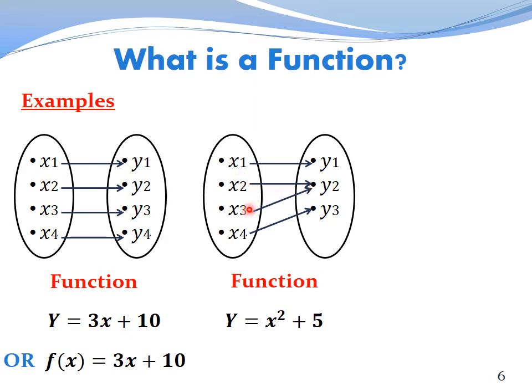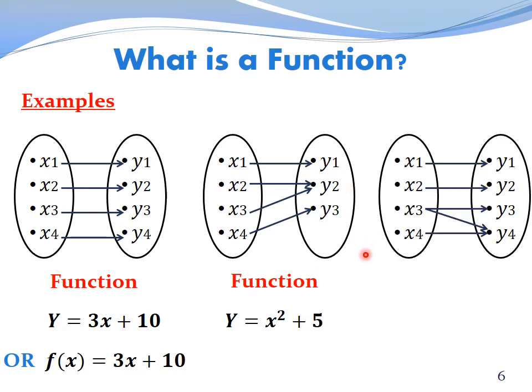Now go to x3. If x3 is equal to -1 and you substitute -1 here, this will be -1 squared, so it will be 1 again. 1 plus 5 is equal to 6. So y will also be equal to 6, although here x2 was equal to 1 and x3 was equal to -1. So it makes no problem that both values x2 and x3 correspond to the same output value y2.